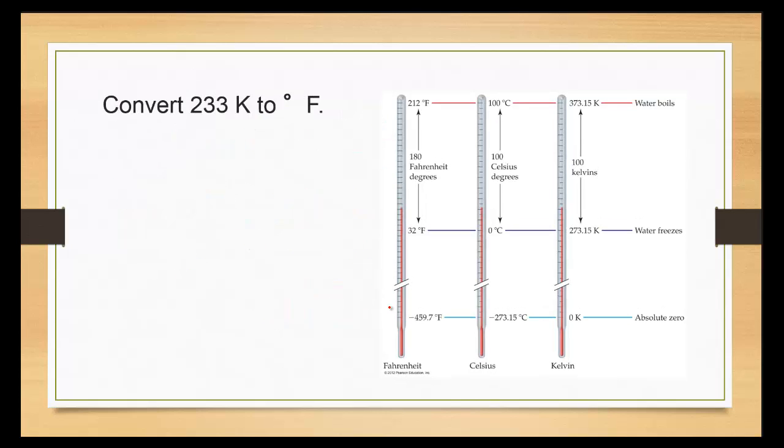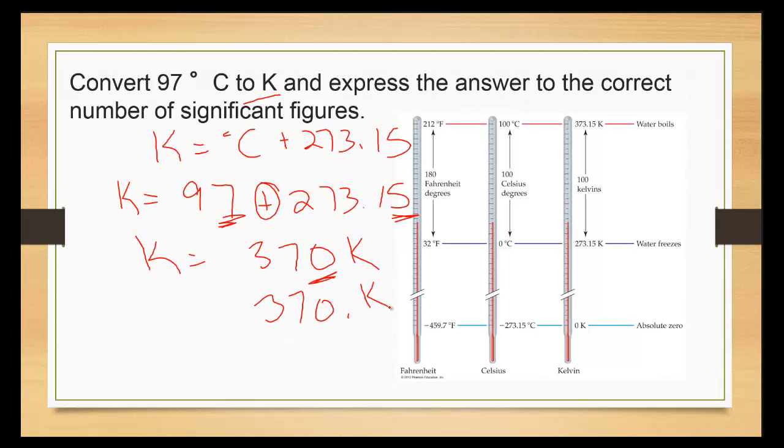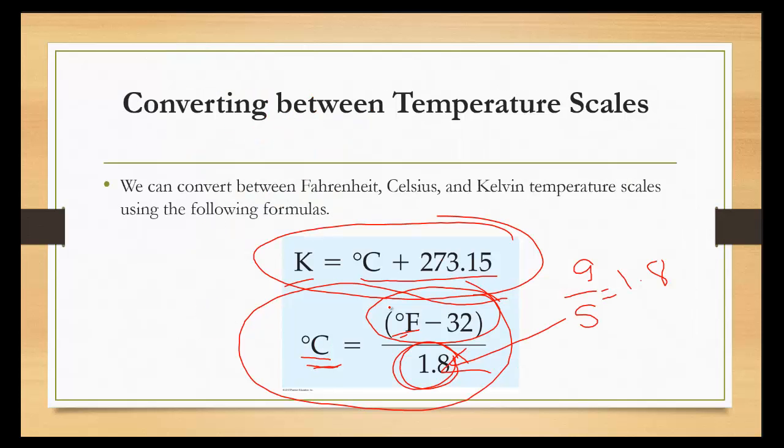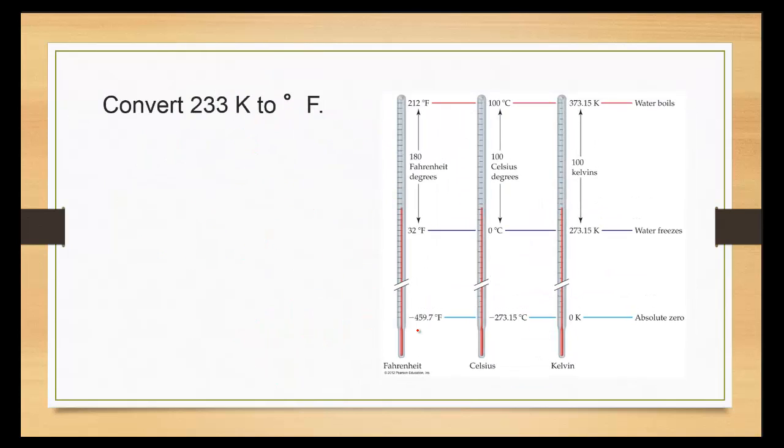We're going to try one more, and this time we're going to put the two equations together. Notice here we're going from 233 kelvins to Fahrenheit. There's no way to get from kelvins to Fahrenheit without using both equations. So that's what we're going to do here. So 233 Kelvin is equal to degrees Celsius plus 273.15. First thing I'm going to do is subtract it across.